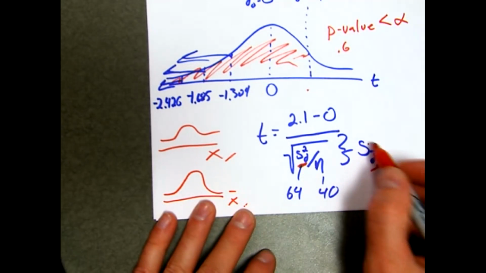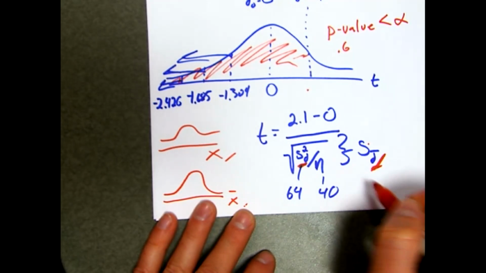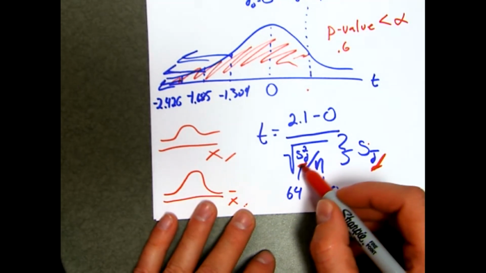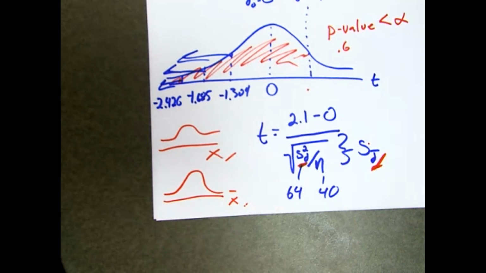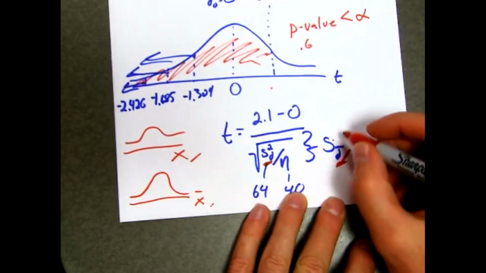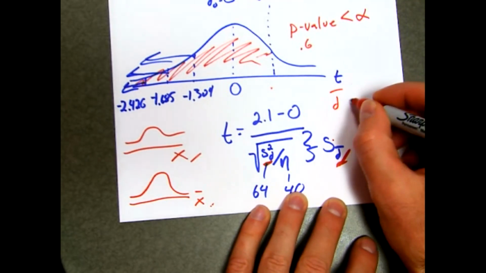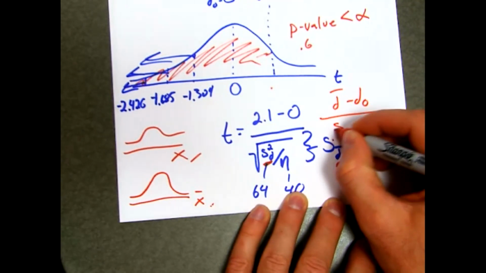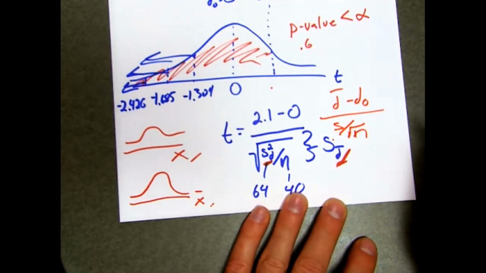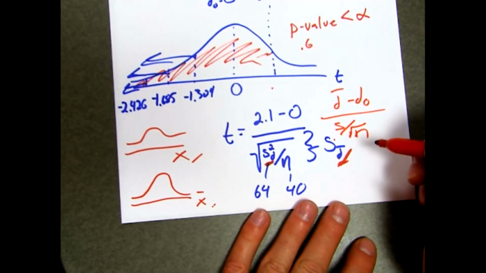So to determine the standard deviation of those mean differences, we have to use the variance that existed in that original difference variable. You could, but then this would have to change, right? Yep. Does that make sense? Yeah.